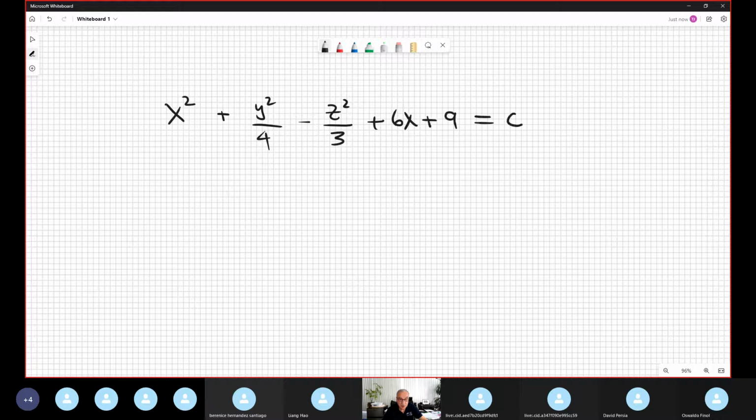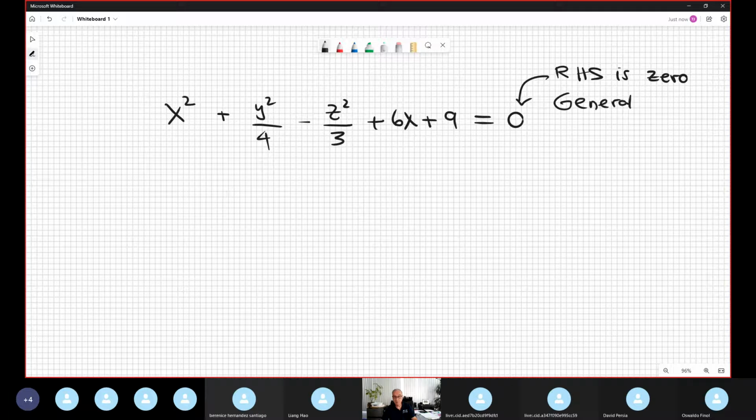When the right hand side is 0, you organize in alphabetic order, and you consider the quadratic and linear and the constant in the right hand side. This is general form.